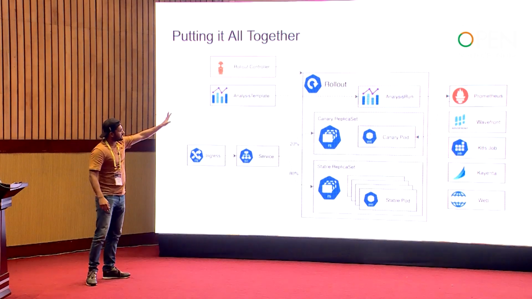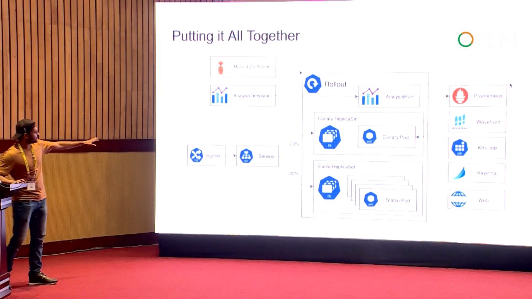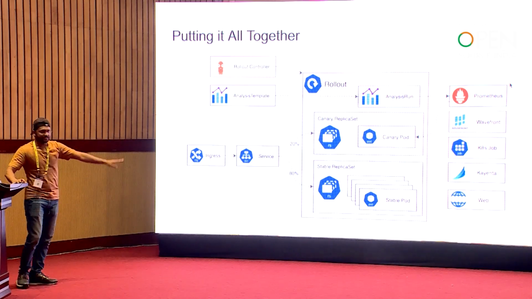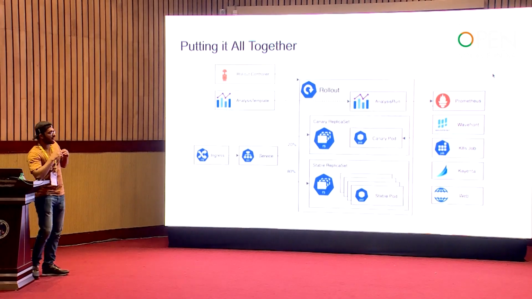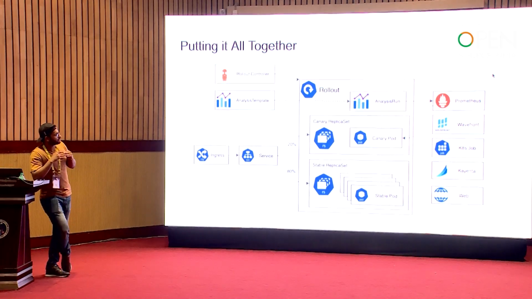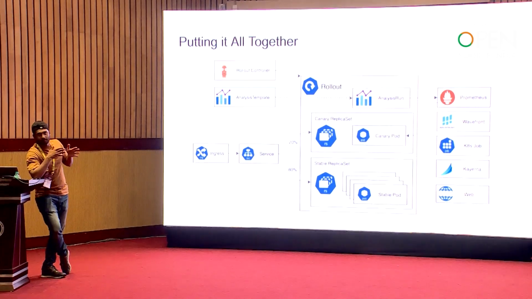I'll just explain certain components of what is going on here. It's a very simple example. You have an ingress service and then a replica set. For Argo Rollouts, you have to create a new CRD called Rollout. Rollout is a superset of the deployment object. Instead of using the deployment object, use a rollout object.